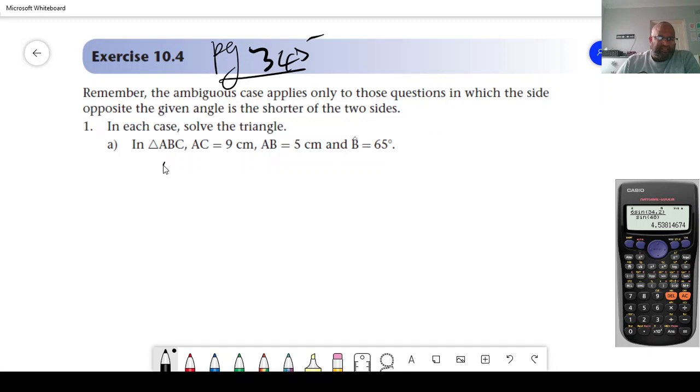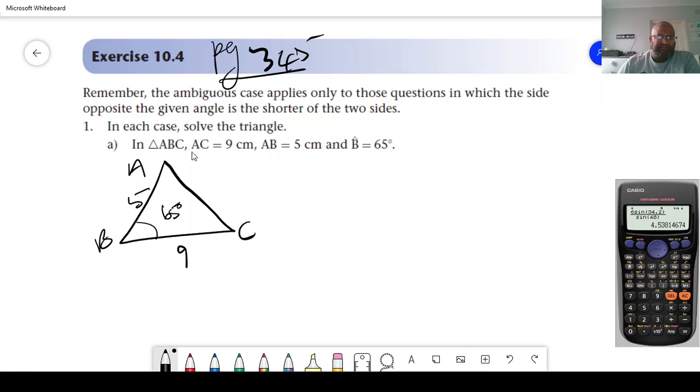In triangle ABC, AC is 9, AB is 5, and angle B is 65.